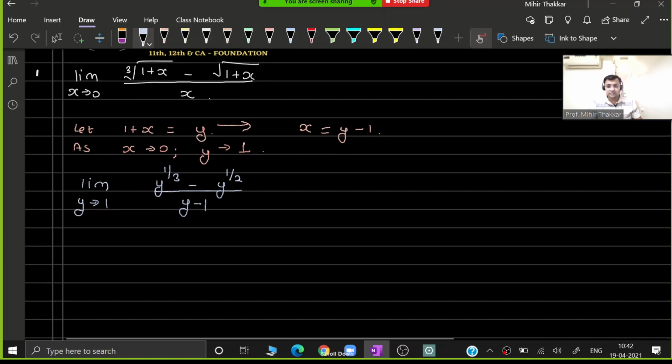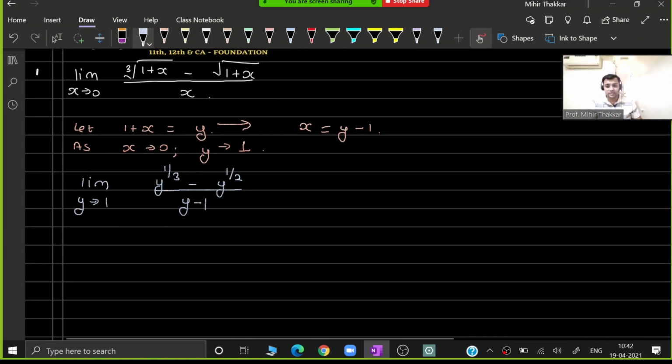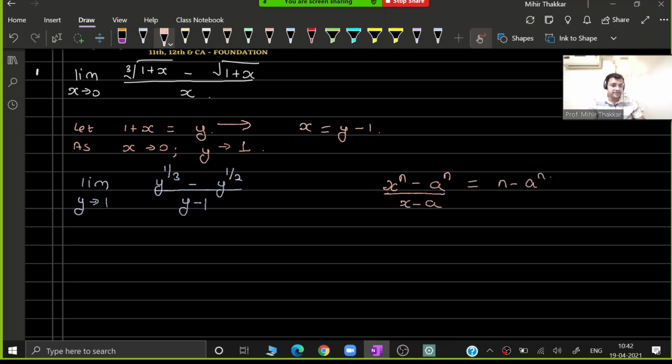Now guys, please just listen very carefully. You can write it down later on because this is a completely different example from all of them we did just now. Looking at the question, you should be able to understand: if your formula is x raised to n minus a raised to n upon x minus a, only then I can say that it is n into a to the power n minus 1.